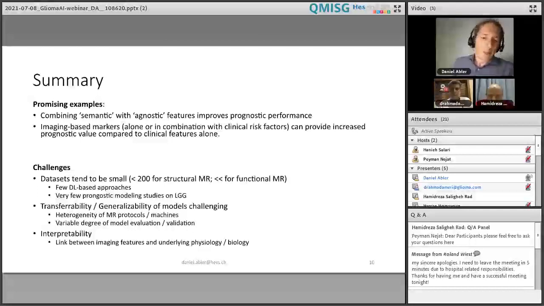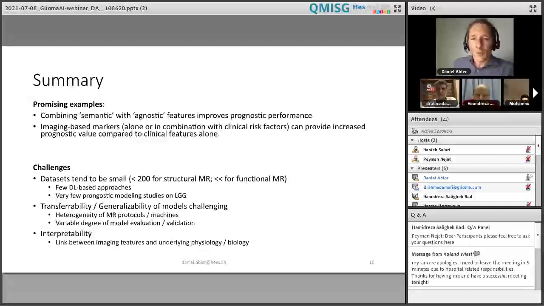And again, related to the shortage of data is the challenge of how generalizable, how transferable those models are. So none of those models is currently used in clinical practice or prospectively validated. And this can only be achieved with a larger training data set.